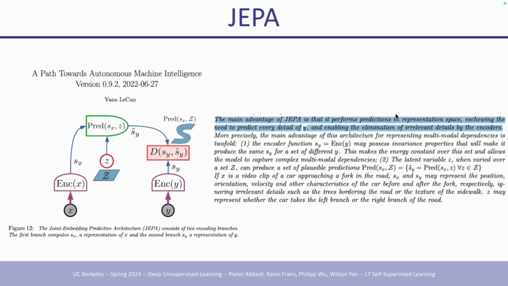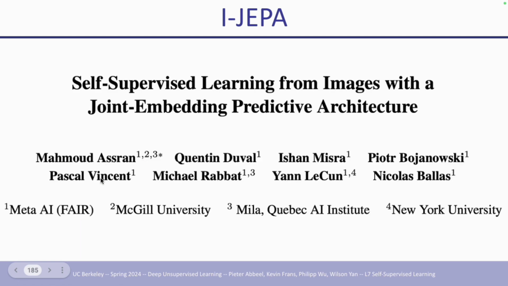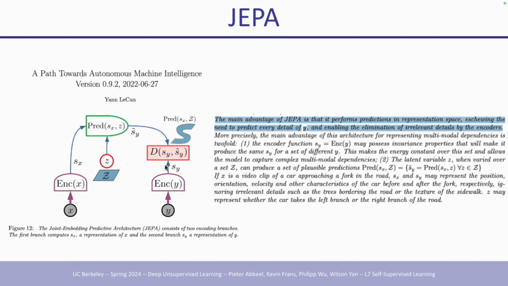Effectively what he's saying here is that he believes that the way we should be doing unsupervised feature prediction is, so there are different ways that we've seen to do self-supervised learning so far, and the way that Yann LeCun thinks is most promising is we take our image X, pass it through our encoder, and instead of directly predicting Y, we want to predict in this latent feature space.